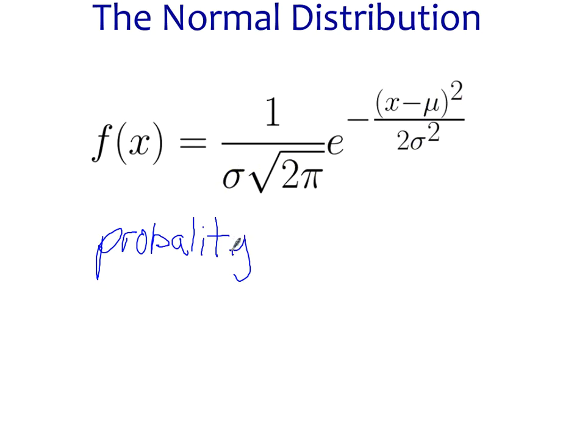We can also see that there's a pi and an e in here, the e that we know and love, and of course pi. This is a pretty complicated looking probability density function, and it's pretty interesting that it relates both pi and e as well. So just be familiar with this.